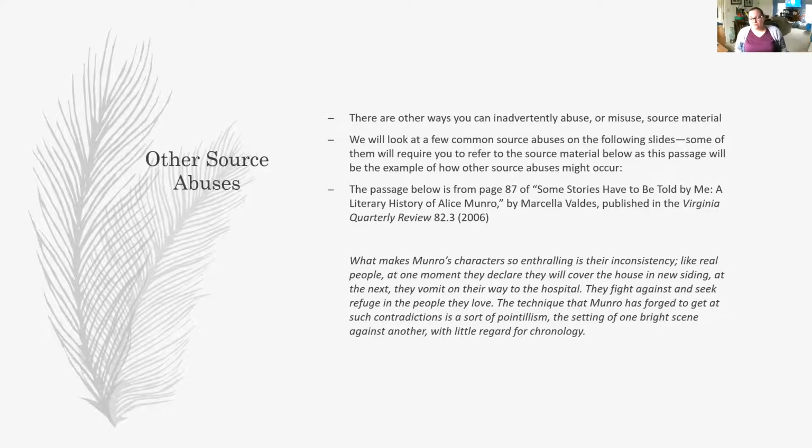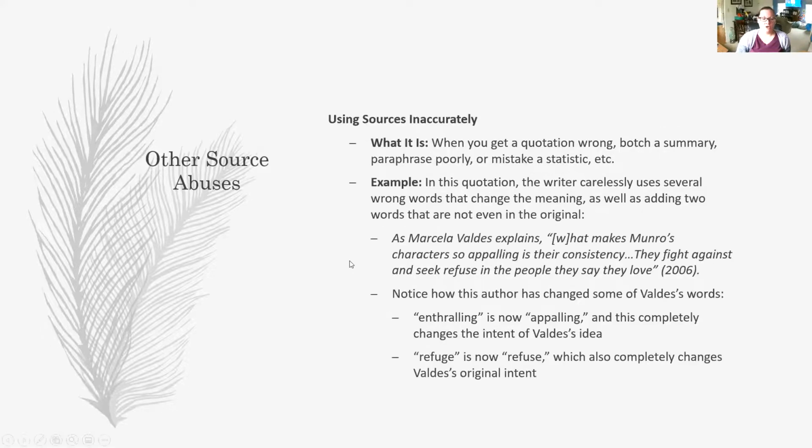There are some other ways, though, that we might end up abusing or misusing our source material. There's a passage here that we're using as our basis, but I don't think we really need to look too closely at it if you're watching the video. One way that we can misuse our source material is if we use it inaccurately.